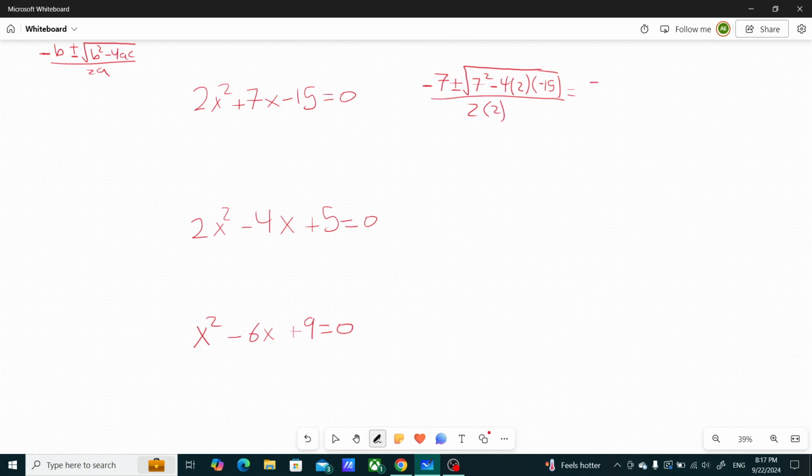Inside the square root, 7 squared is 49, and negative 4 times 2 is negative 8, times negative 15 is positive 120. So I'll have 49 plus 120 under the square root, which gives me 169. So I'll have negative 7 plus or minus the square root of 169, over 2 times 2, which is 4.